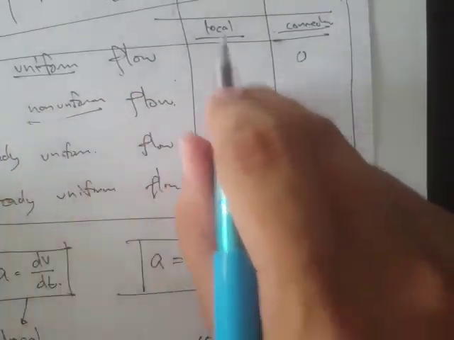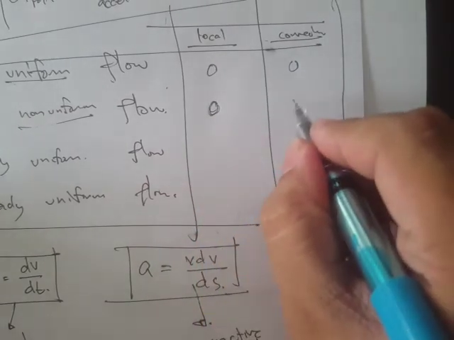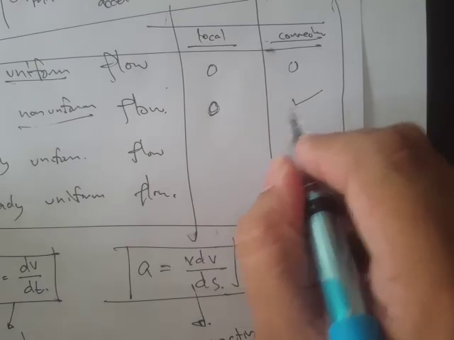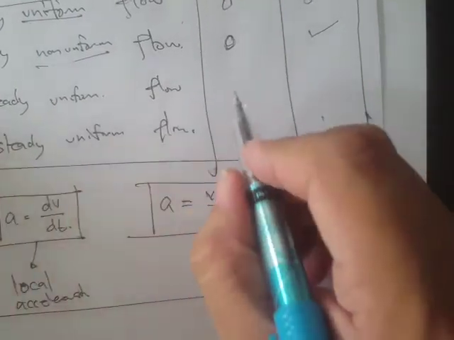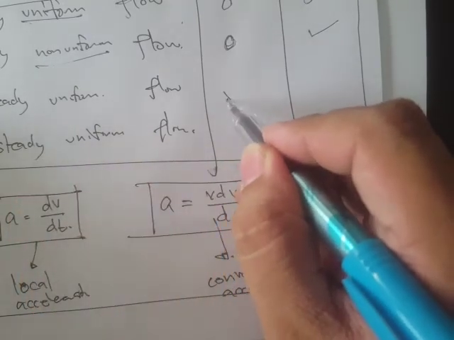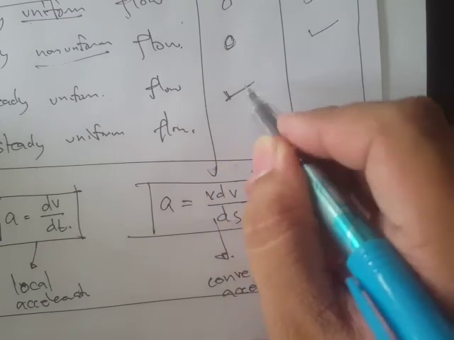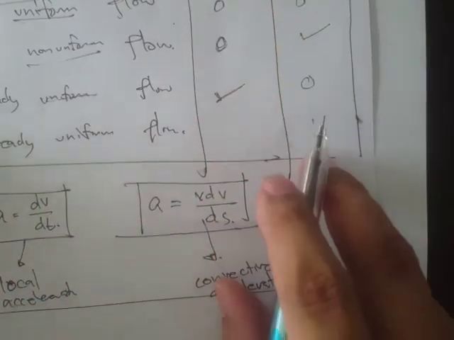Now for steady non-uniform, the local acceleration is constant, that's 0, and then we have a convective acceleration because it's non-uniform. Now for unsteady uniform, we have a local acceleration, but since it's uniform, we don't have acceleration in the convective term.